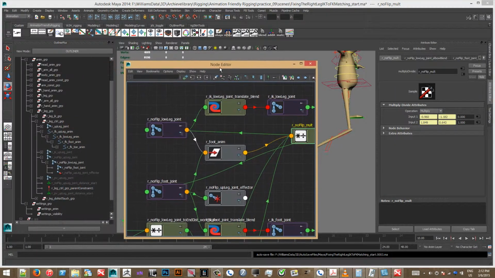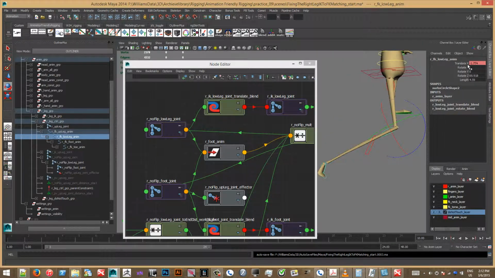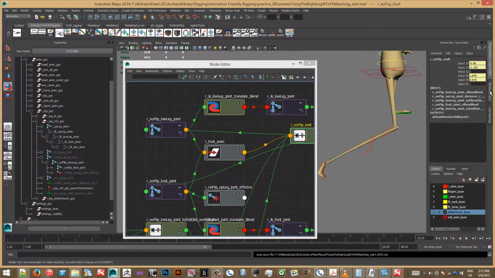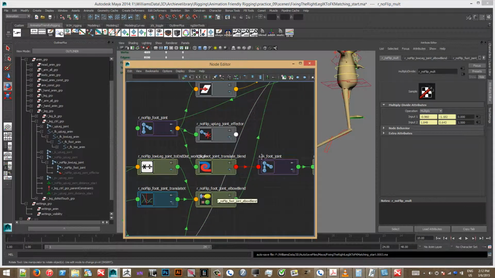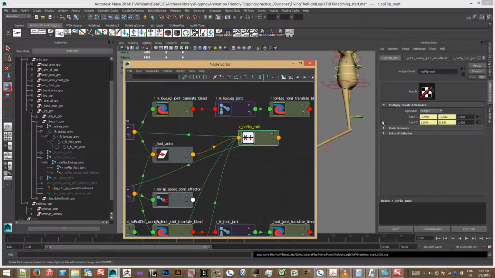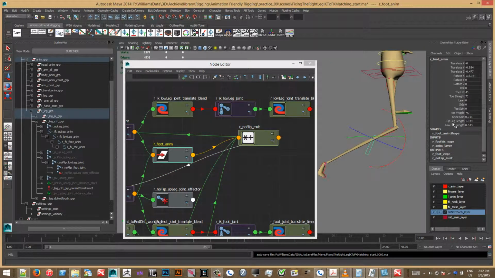And if you look at the FK translates, you notice that you have a negative value here. And then if you go to the multiply node, you're multiplying the negative values coming from the blends by the positive values coming from the up leg length and low leg length attributes.